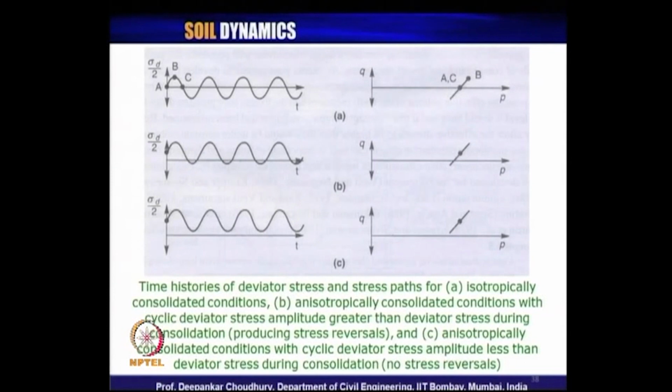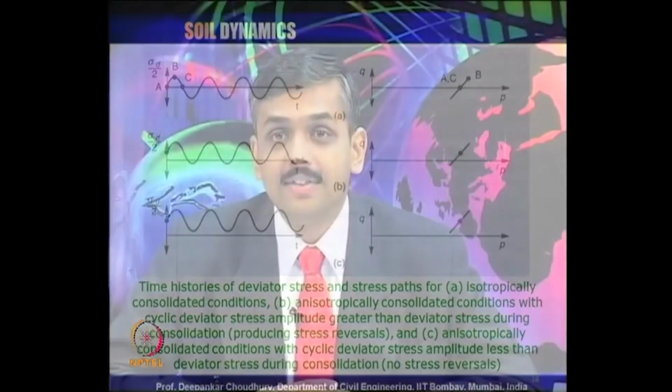For the static triaxial test we know we have three categories: UU test, CU test and CD test. Now, within the CU test and CD test we can have two more sub-classifications. I assume that all of you are aware of it.